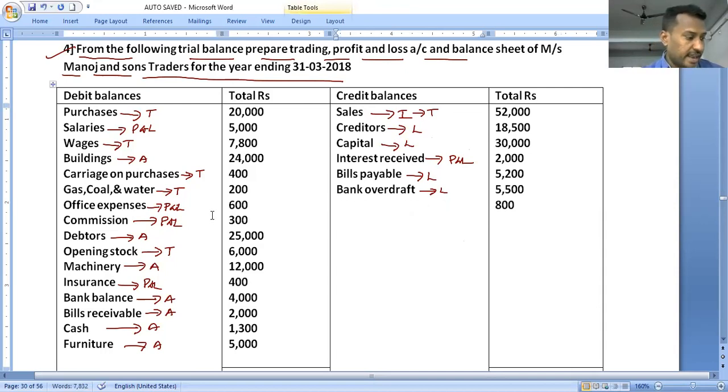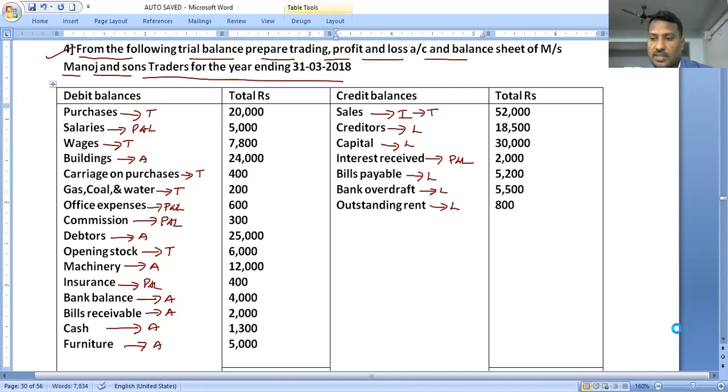It is outstanding rent, 800. When outstanding rent is given in the trial balance, it should be on the liability side.